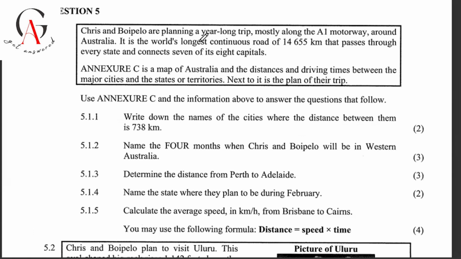It is the world's longest continuous road of 14,655 kilometers that passes through every state and connects 7 of its 8 capitals. So we are looking at annexure C. Annexure C is the map of Australia and the distances and driving times between the major cities and the states or territories. Next to it is a plan of their trip.